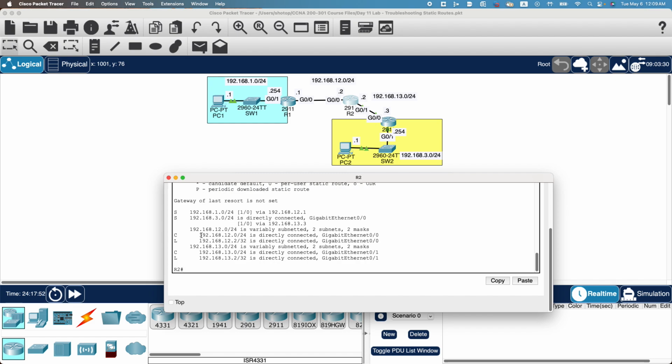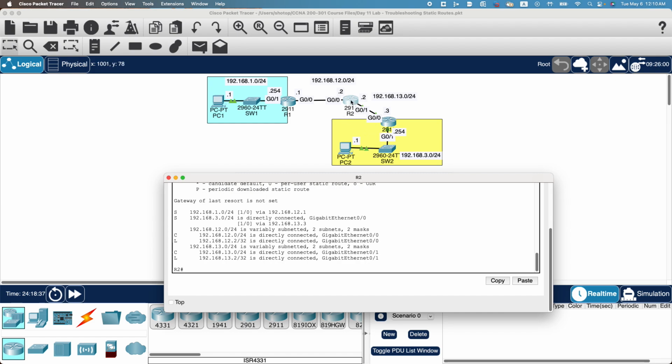On two, I configured a route to the 12, which is variably subnetted. So let's see. It's got a path to .3.0/24 via 192.168.13.3, and it's got a path to 1.0/24 via 192.168.12.1. That seems right.